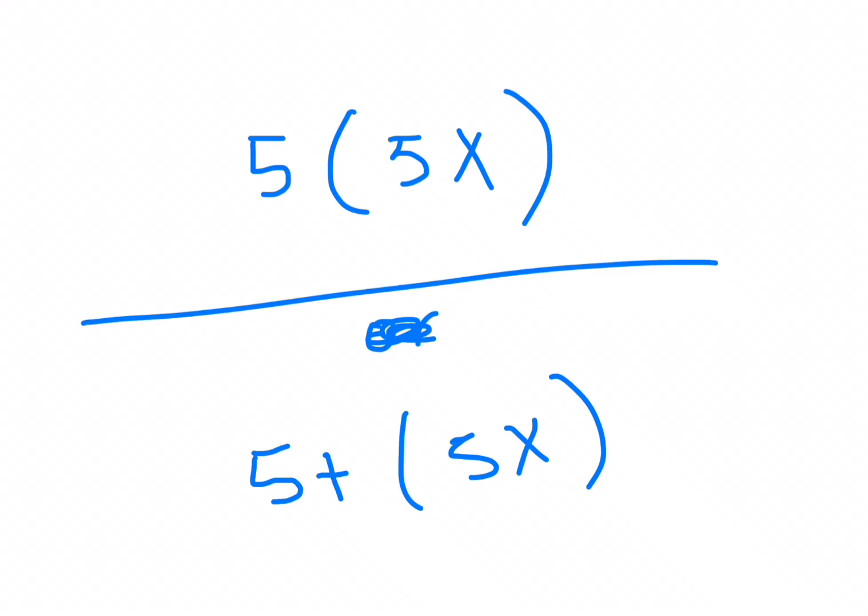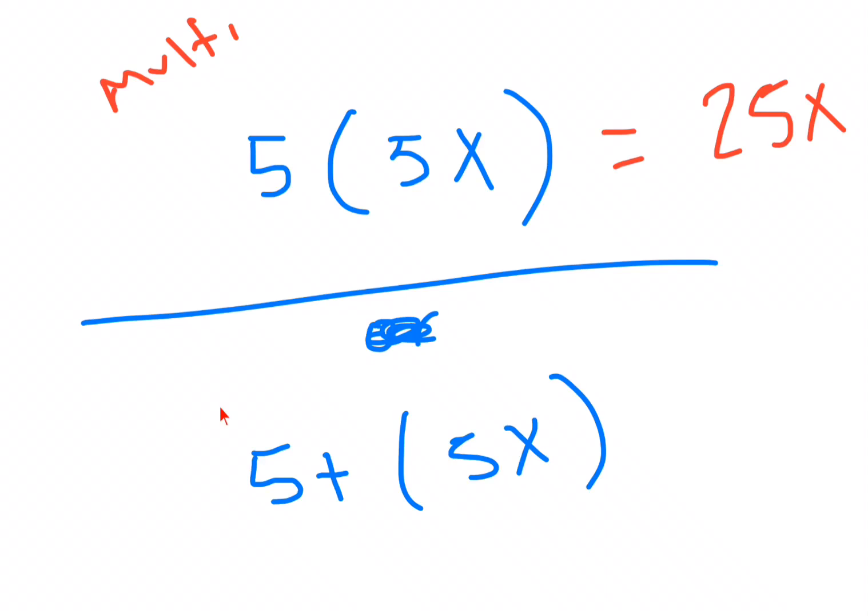Is there any rule here as far as we should be looking for either an addition sign or a subtraction sign, and we have nothing here. That means that this is multiplying. So this should be 5 times 5x. That's what this is. So this would be 25x. Okay, so this is multiplying.